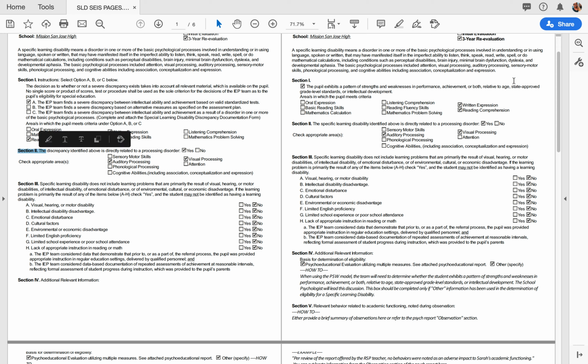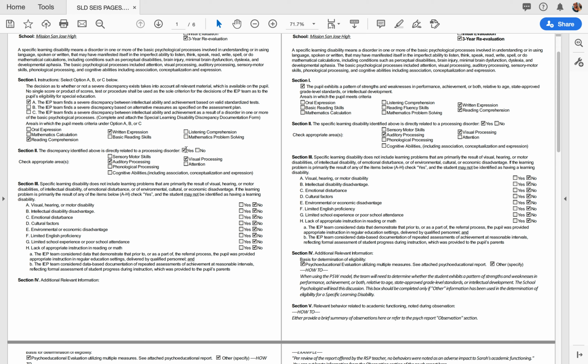As we scroll in, now we can look at section 2. Section 2 here, as well as in PSW, although the question on the two forms is slightly different, the intent remains the same. The team will need to answer whether the discrepancy model, or SLD, as noted in section 1, is directly related to a processing disorder. If yes, the affected areas of processing should be checked.